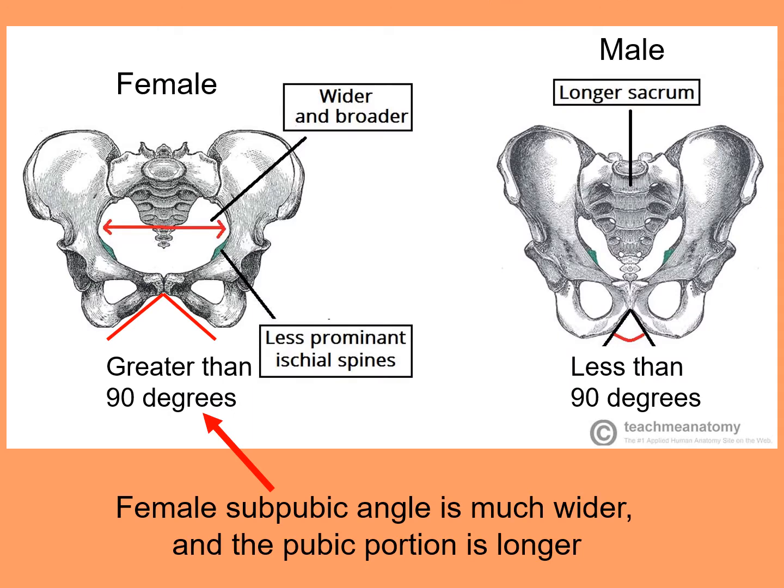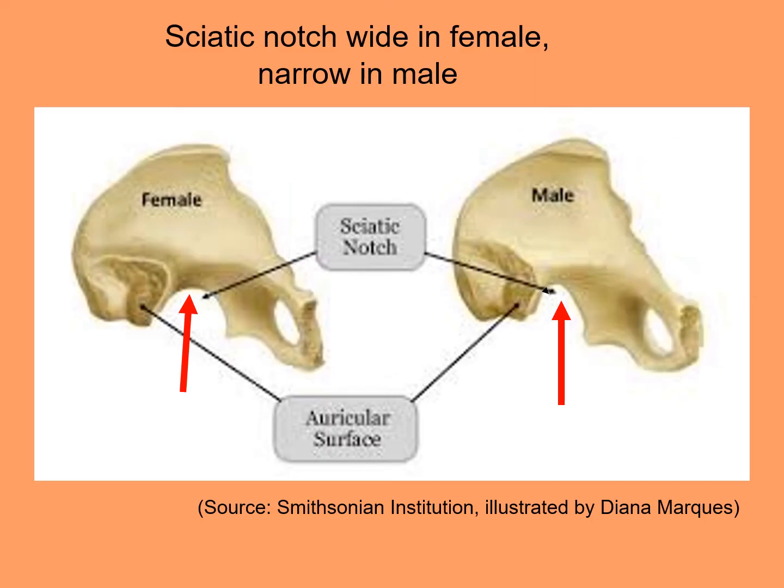In females, the subpubic angle is much wider and the pubic portion is longer, all part of how the pelvis itself is wider and broader. In females, the sciatic notch is wide. You can put your thumb in there and wiggle it back and forth, whereas in males, it's narrow.